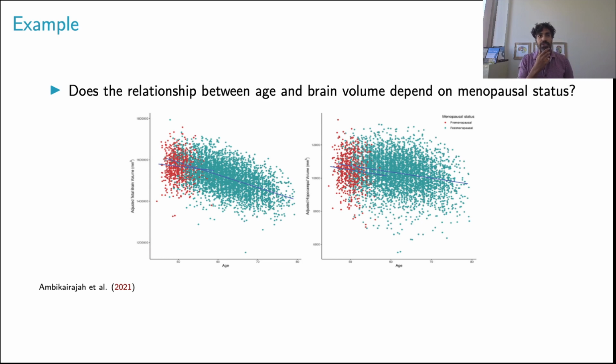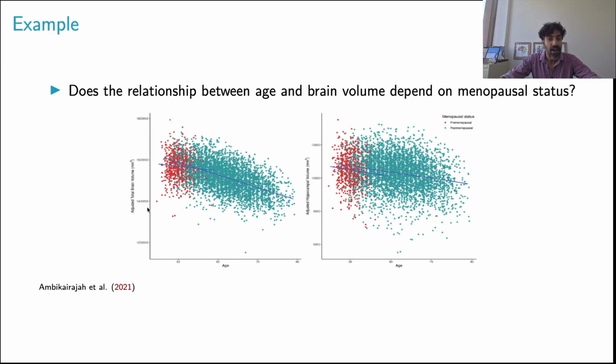This one was looking at the relationship between age and brain volume and whether it depended on menopausal status. I think this is a great example for explaining this concept, because it shows an interaction and no interaction side by side and what it means graphically. So let's start with an interaction here. Here we're looking at the relationship between age and total brain volume.